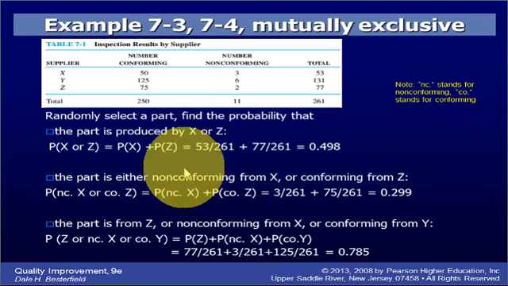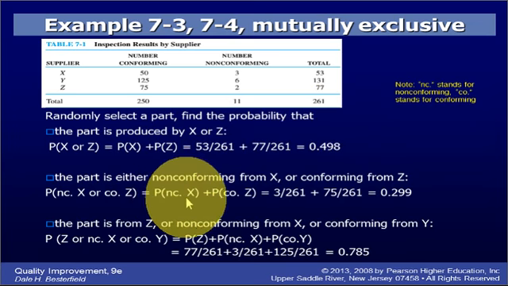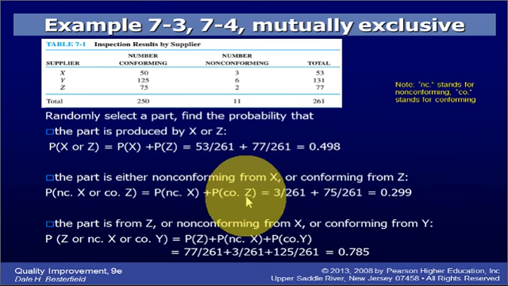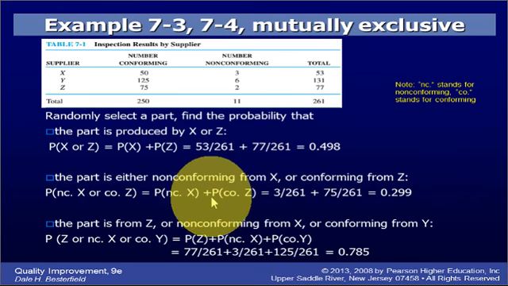So here are two events, the non-conforming parts from X or conforming parts from Z. Because they are mutually exclusive, I can use their respective probabilities and sum them together.